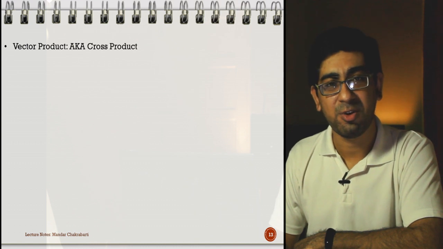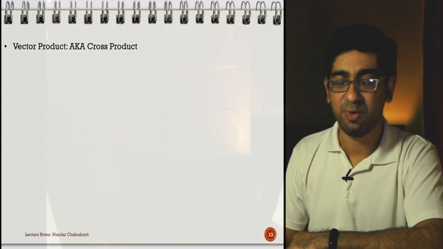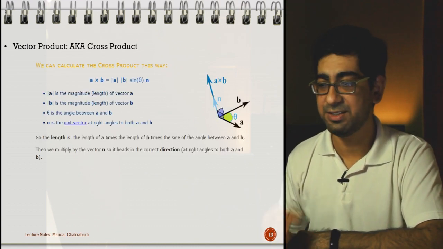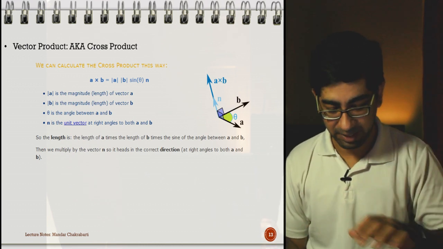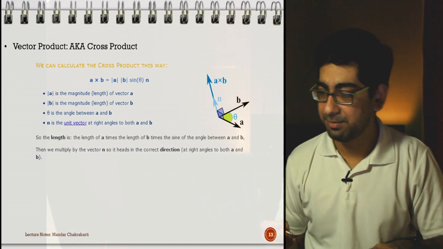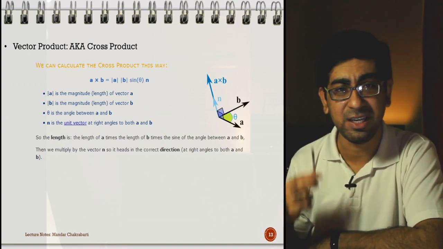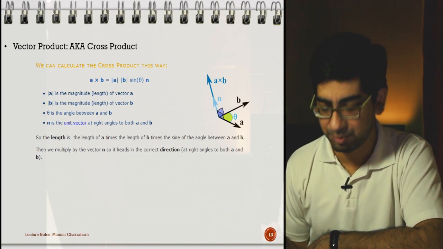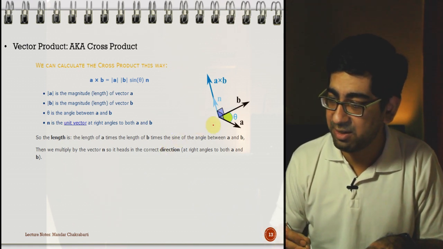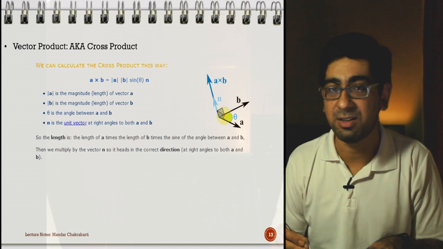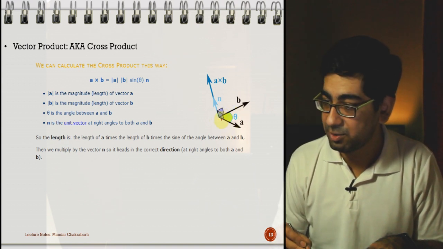A vector cross product again can be done in two ways. The first method is that the resultant is in this way. Let me explain. When we consider cross products, we travel from one vector to the other vector.